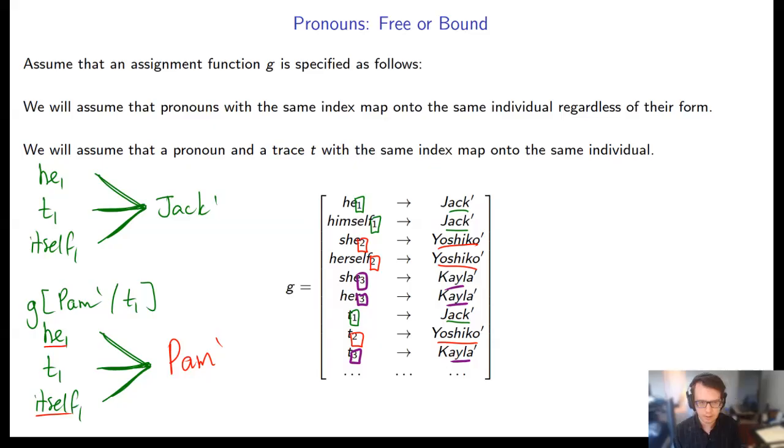Now, this is not really a concern with us. We can use whatever pronoun we want. That's what the system says. So we just pick the pronoun that's most appropriate for our situation, sort of like we did with predicate logic. When we had that free variable x, we just picked the pronoun that was most appropriate. It's going to be the same with how we do things here.